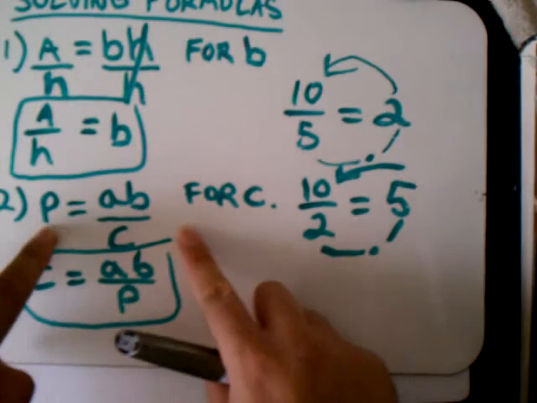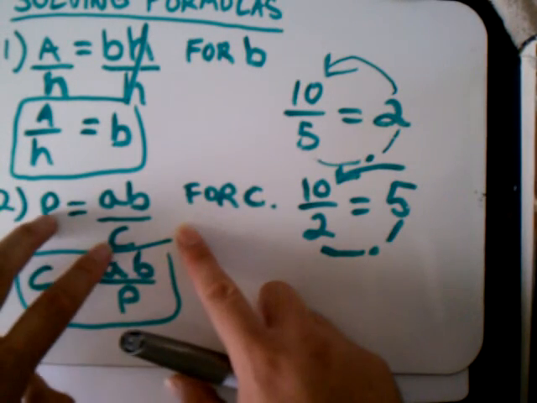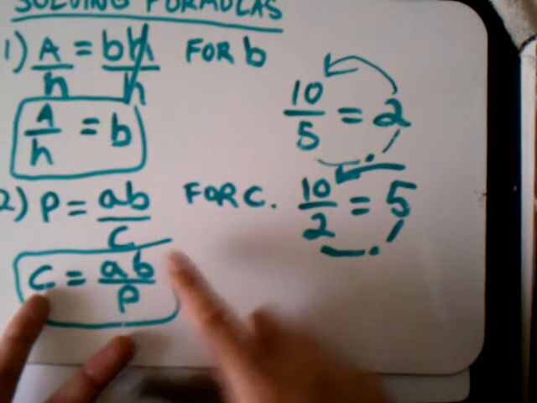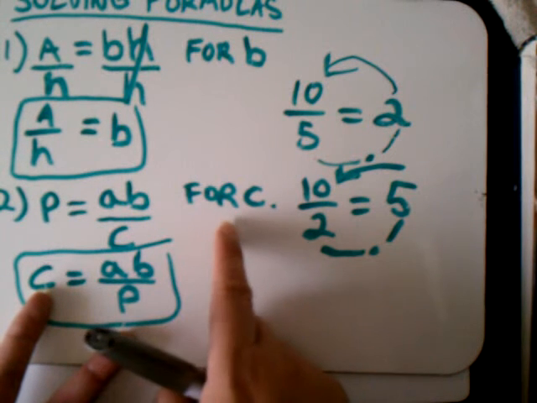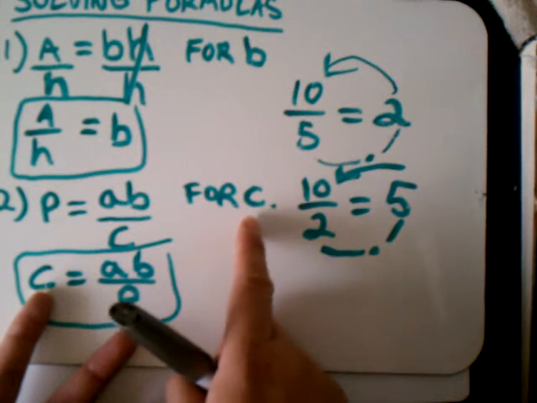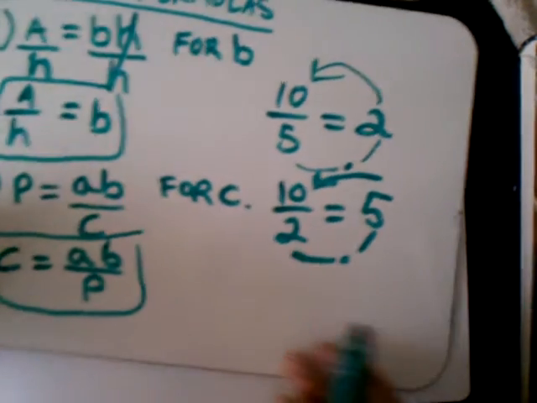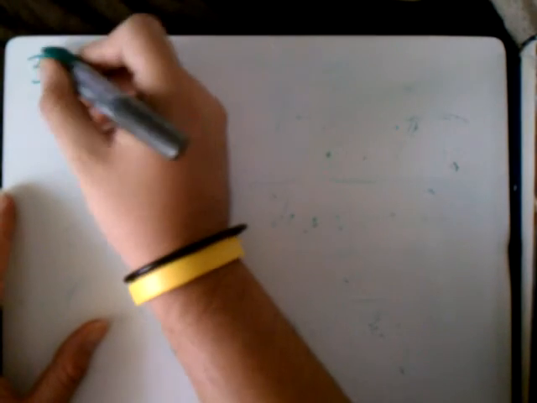Okay? That's why in this case we can move the P and the C and it doesn't affect anything, and you solve the problem that they want you to solve. That in this case they wanted to leave C by itself. Okay? Let me do a little bit more complicated one.